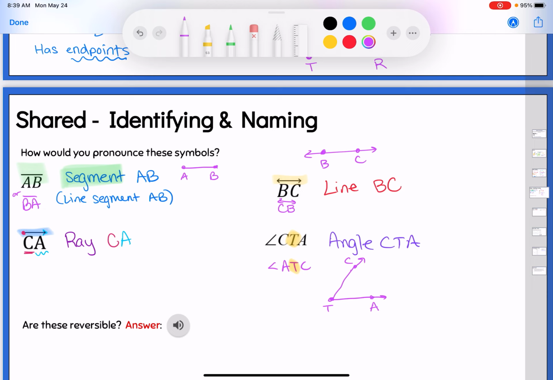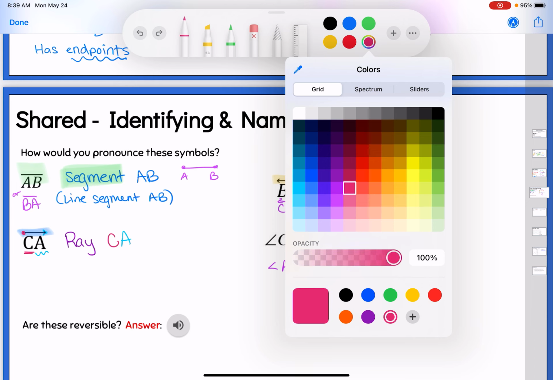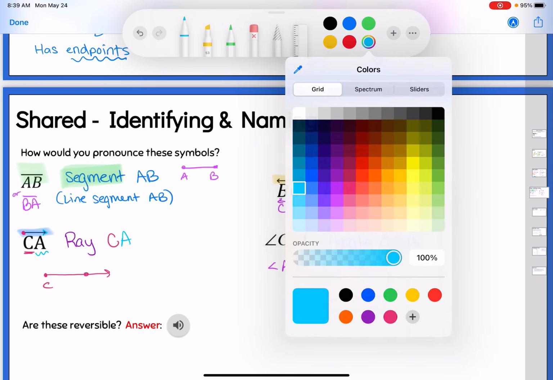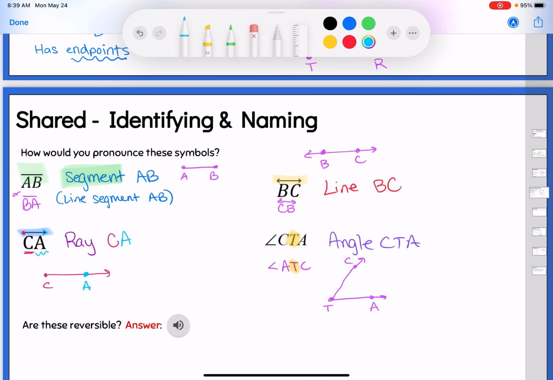Ooh, but what about the ray? The ray is very specific, right? Ray has to have an end point of C, and it has to go on forever in the direction of A, right? That's the way it has to go.